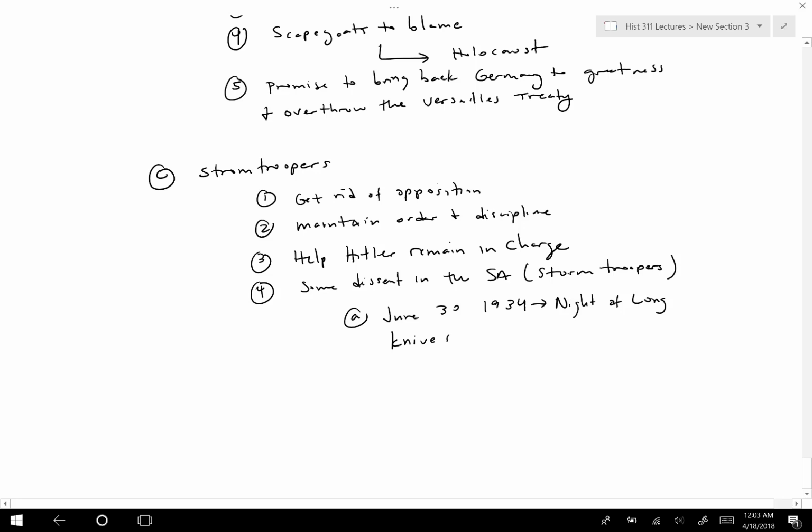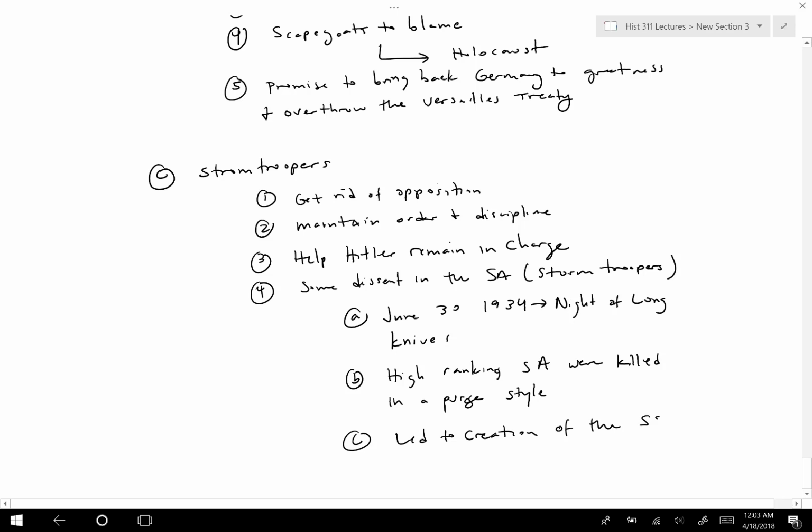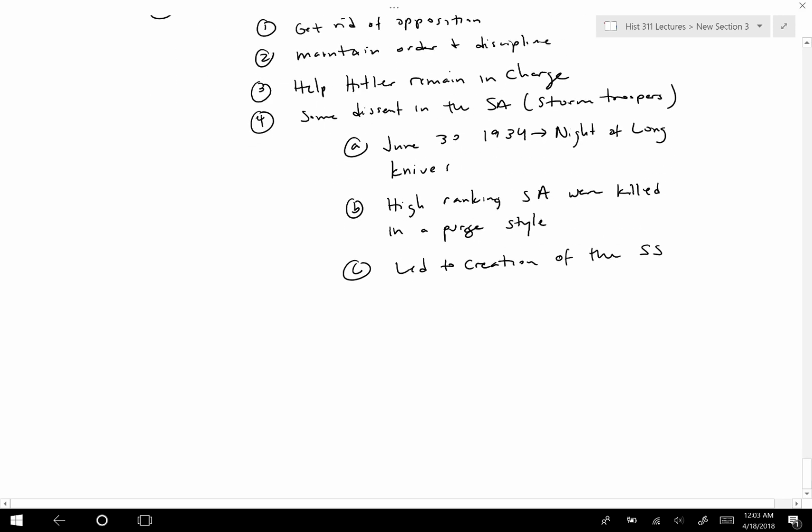Many high-ranking SA members and others were killed in essentially a purge-style effort to solidify his control. And this led to the creation of the SS under Heinrich Himmler.